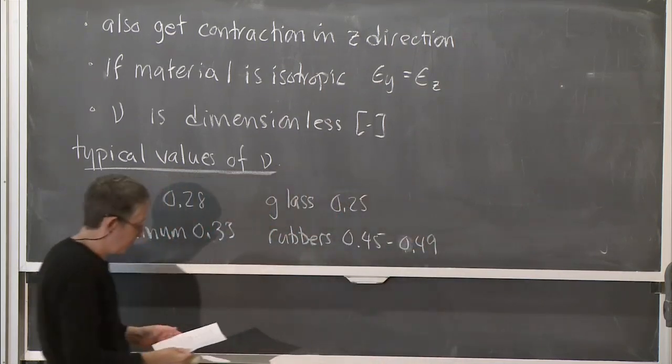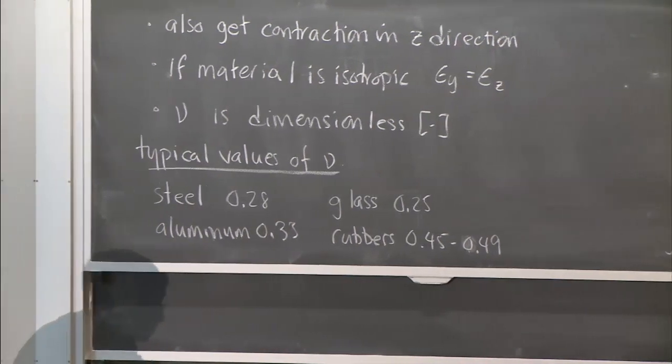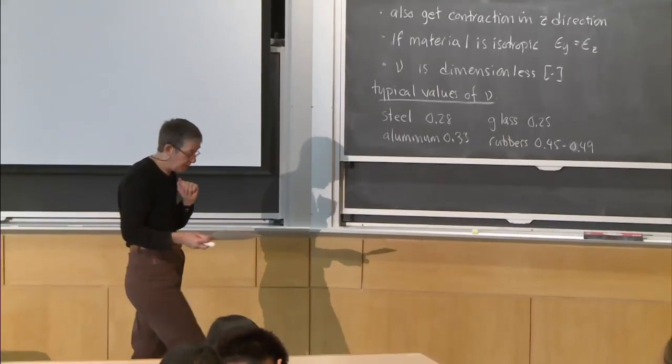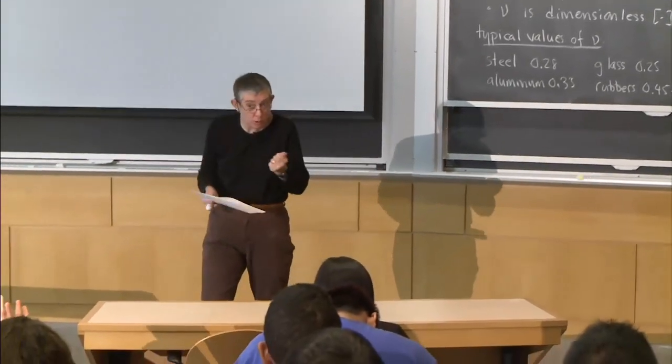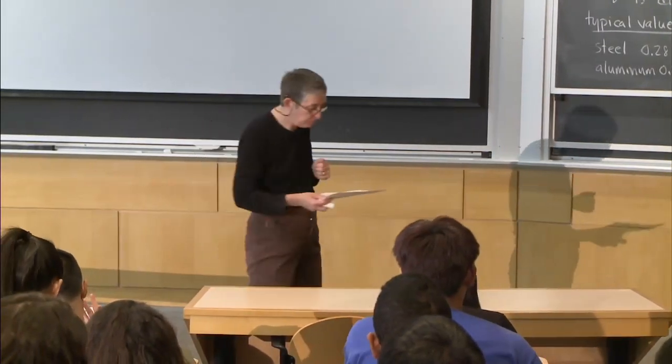So 0.45 to 0.49 would be typical. And for isotropic materials, apart from rubbers, the Poisson's ratio is very often near to 0.3 or 0.33, something like that. So if you didn't know what the Poisson's ratio was for an isotropic material and you knew it wasn't a rubber and you had to guess, 0.3 would be a pretty good number to guess.